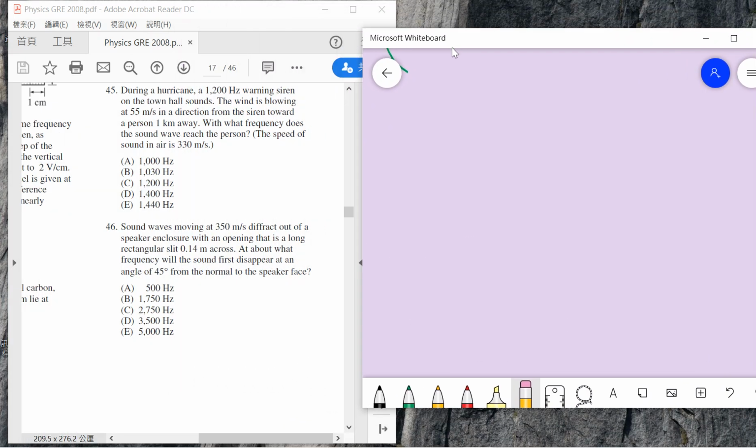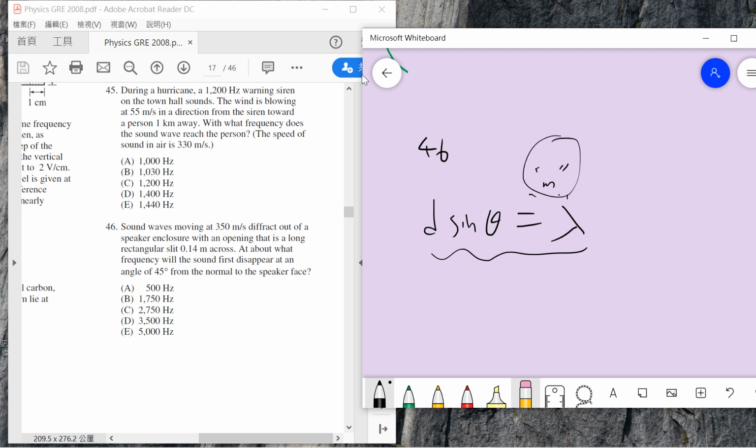So this is 36. You know d sin theta equals lambda, so this is the standard. In Bragg diffraction you need m, but in this case we solve for lambda first and see what the result is.